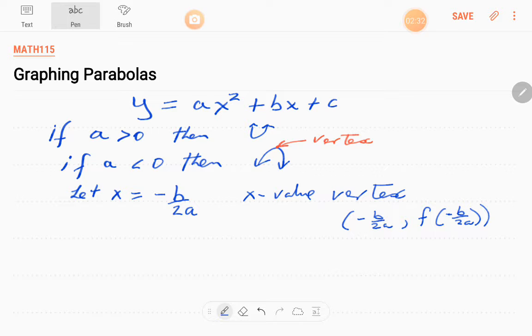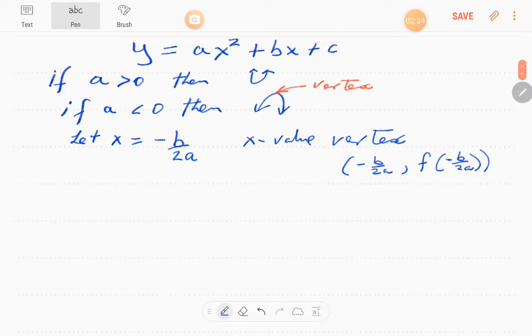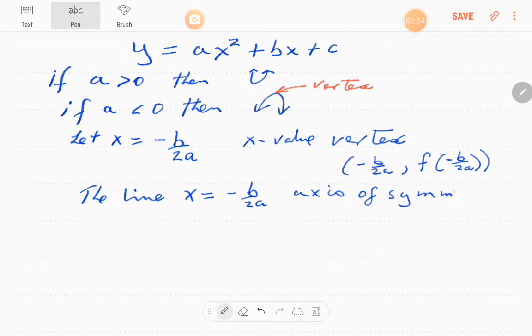Now, when you find the x value of the vertex, the line x equal to minus b over 2a gives us the axis of symmetry. And the axis of symmetry just divides the parabola into two equal halves.